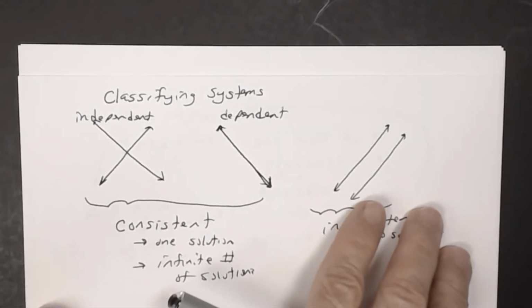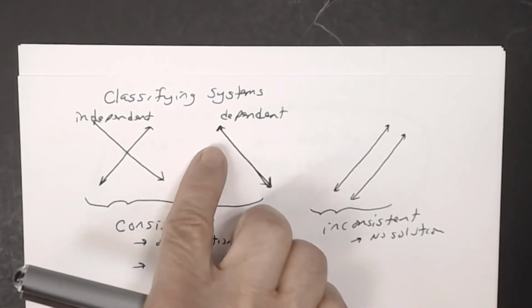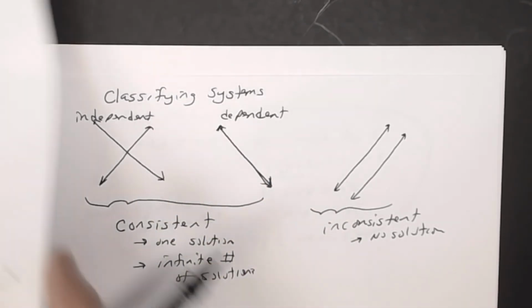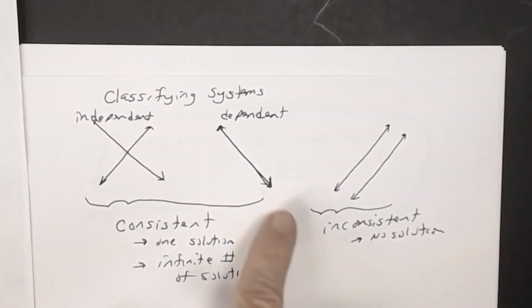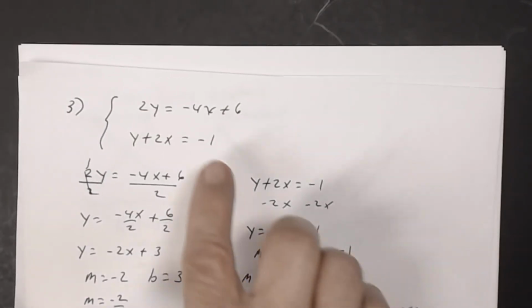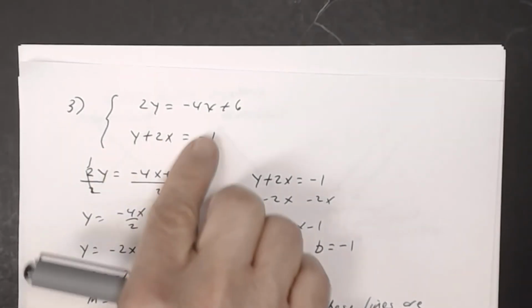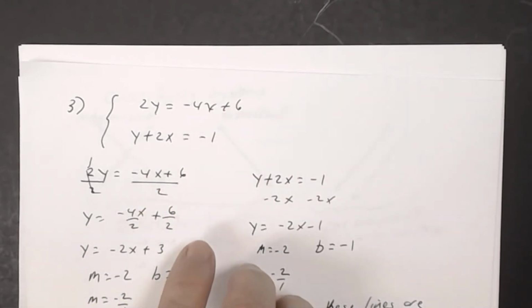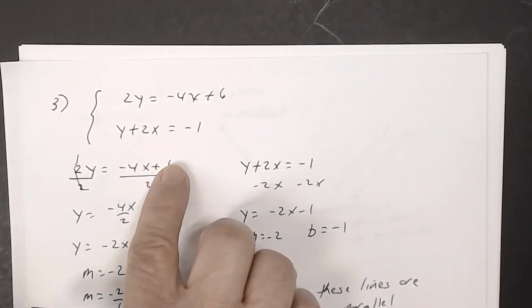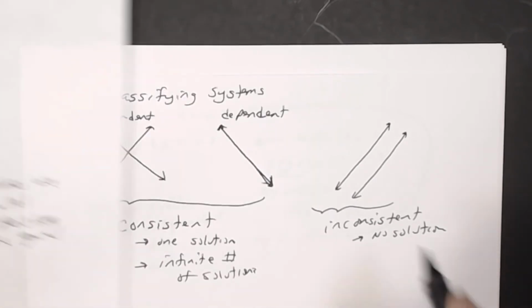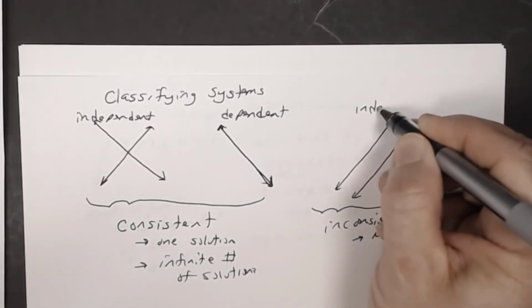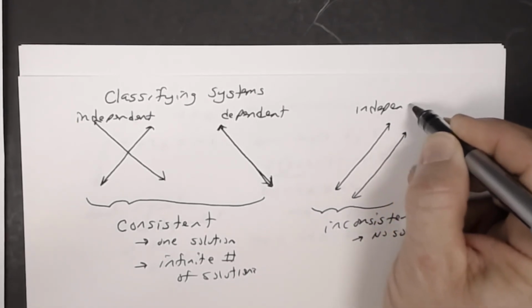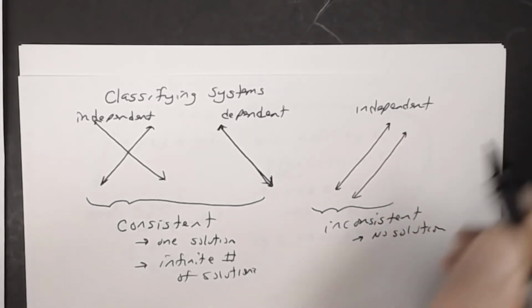So remember our definition of dependent, meaning that I can take one equation, multiply by a number and get the other one. I'm sorry, those were not dependent. So dependent means I can take one, multiply by a number and get the other one. That's dependent. I couldn't do that here, so those two equations are independent. So an inconsistent system will always have independent equations.